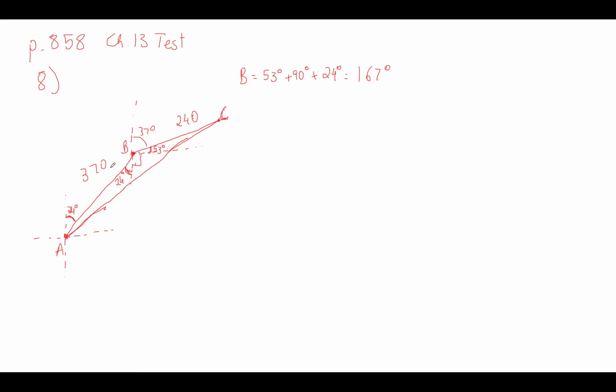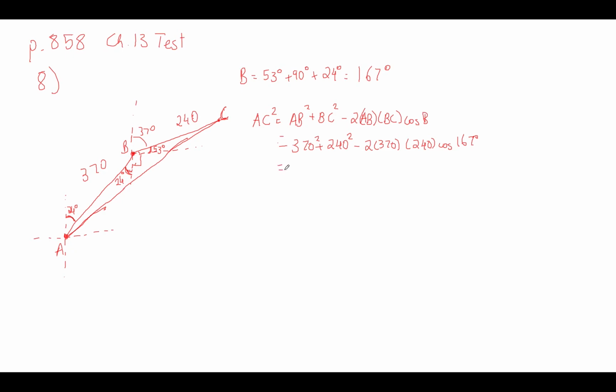Now I can use that information to use the law of cosines to solve for this side. So I know this side, AC squared, is the same as AB squared plus BC squared minus 2 AB BC cosine angle B. So that's 370 squared plus 240 squared minus 2 times 370 times 240 cosine 167 degrees.